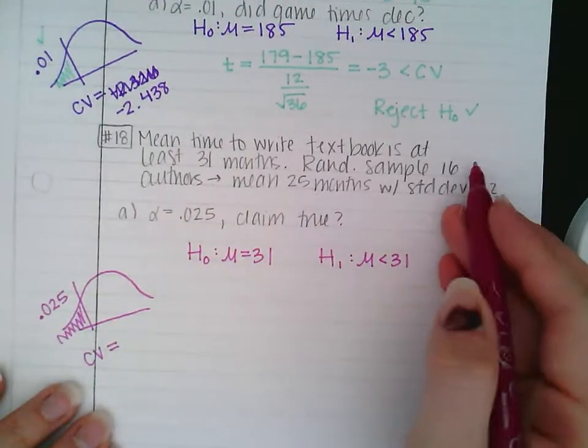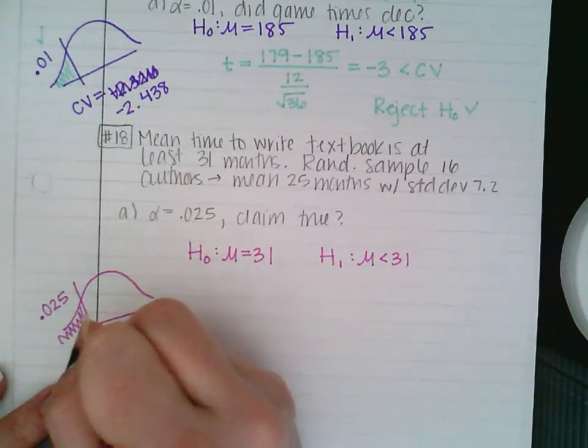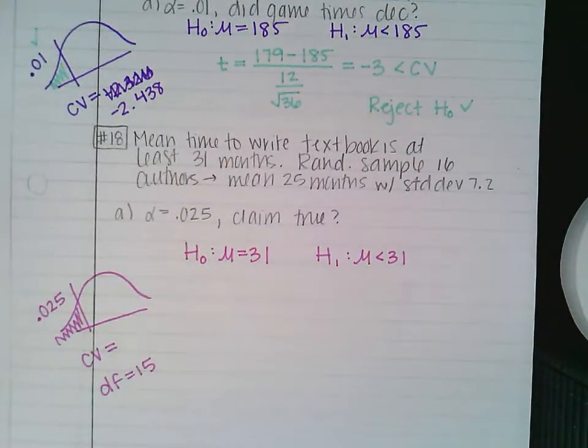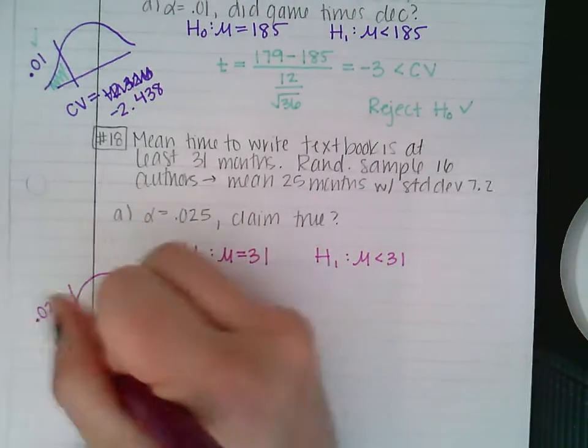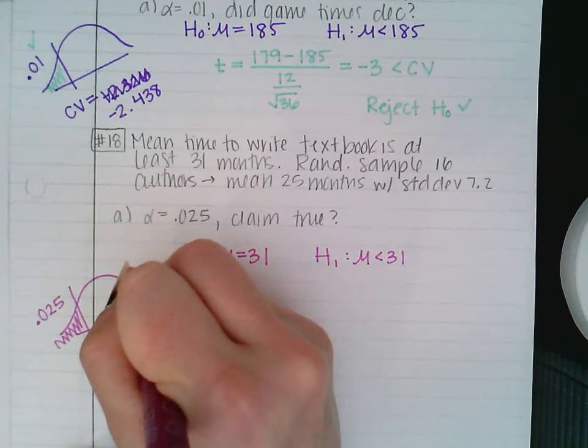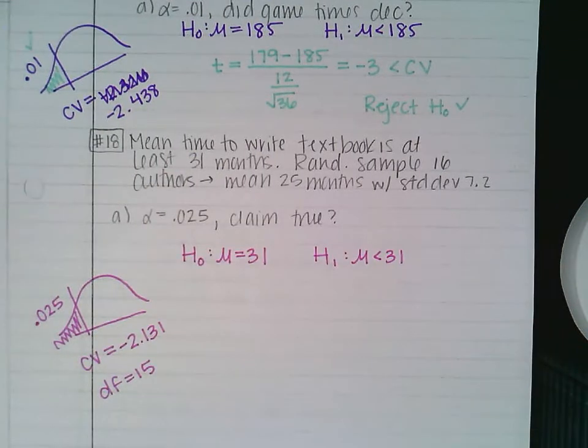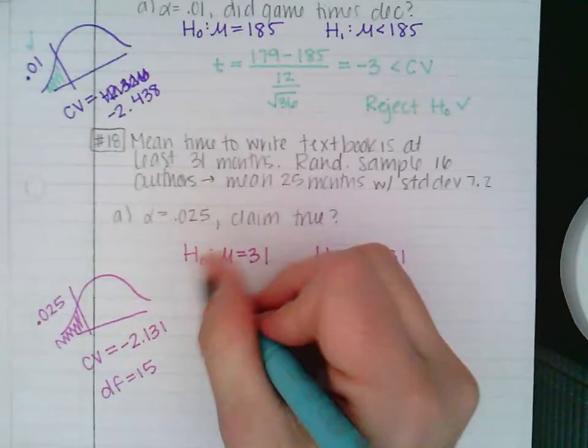Now our degrees of freedom are going to be 15. I don't want to make that same mistake twice. So I'm going to look under degrees of freedom of 15, 0.025, which would be negative 2.131. All right, let's go in and calculate t now.